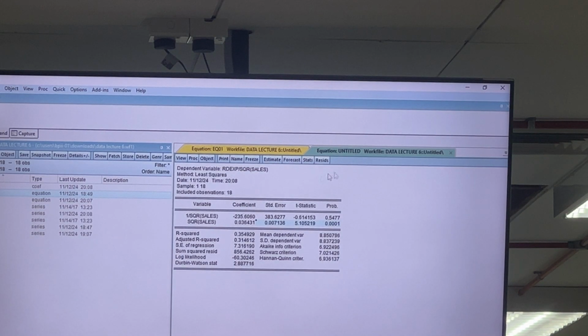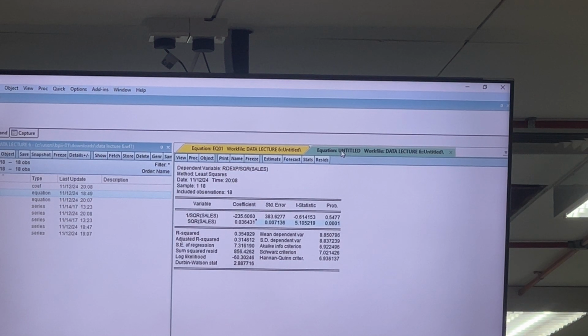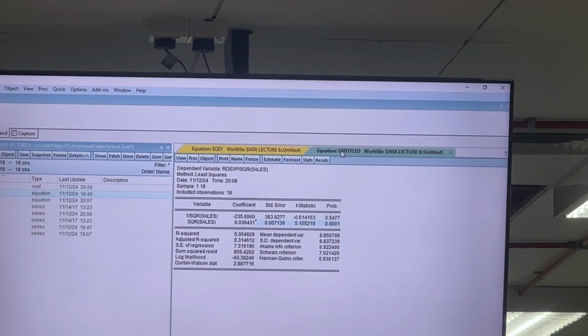So for a given example, let's say based on the graph we believe that, or maybe after you perform the test, it still fails the test. You found the test still fails, and then you can try this one out. But remember that the approaches that we are going to consider may not all be able to solve the problem, and sometimes the use of a certain approach is unable to remedy the problem.